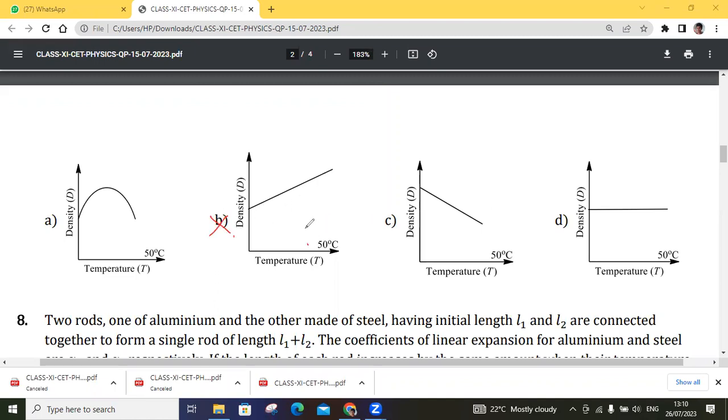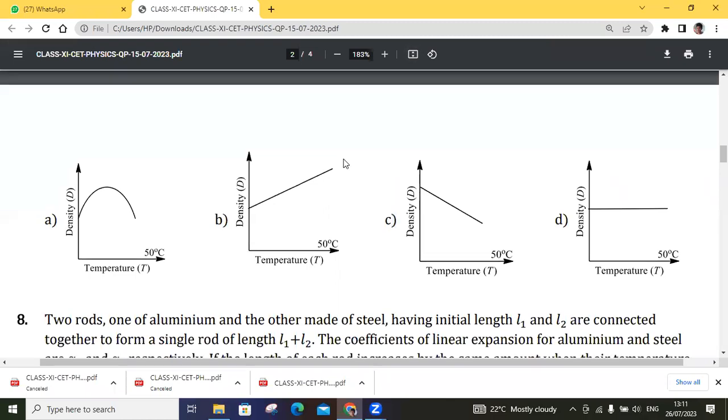So this will not be the answer because temperature is increasing, density is also increasing. This will also not be the answer, constant. Between these two, if you see, for water, we know anomalous behavior of water. At 4 degrees Celsius, it will be maximum. After that, it decreases, but before this, it increases. The anomalous behavior.